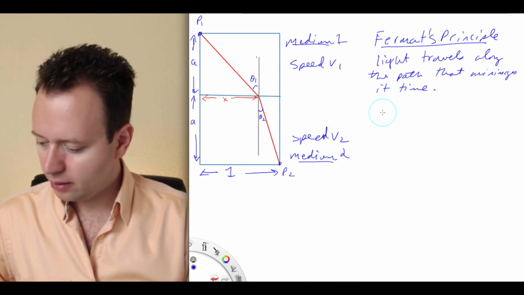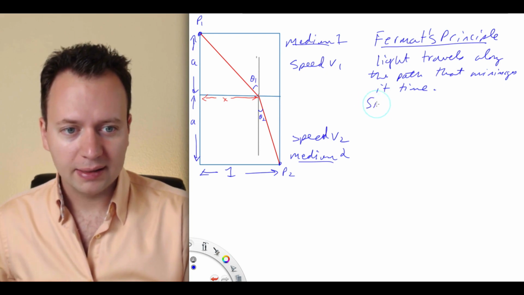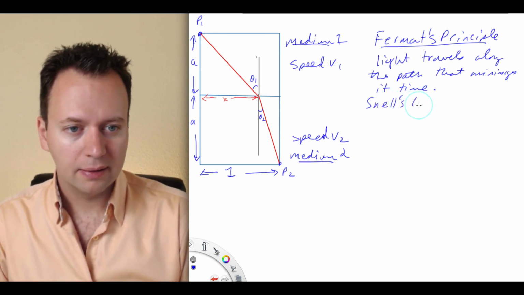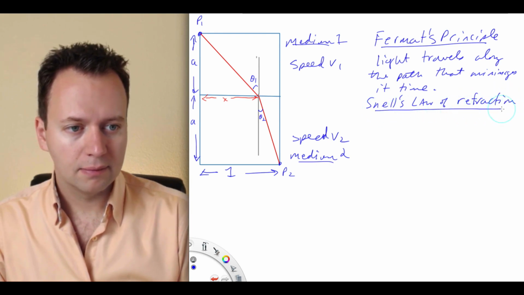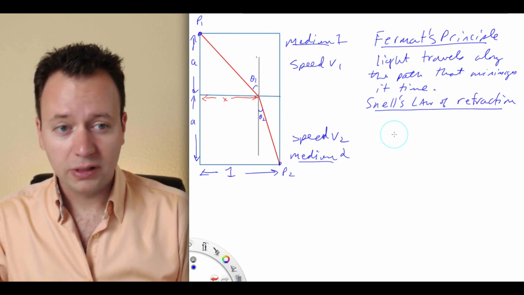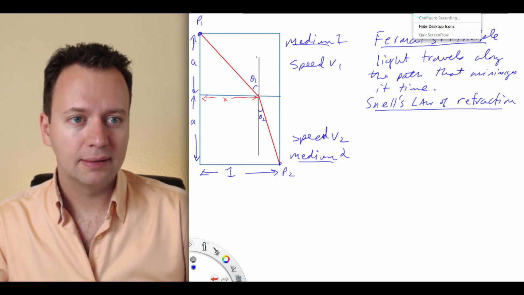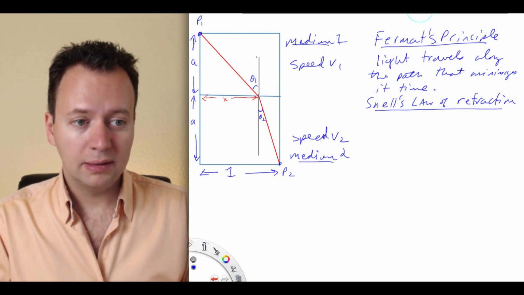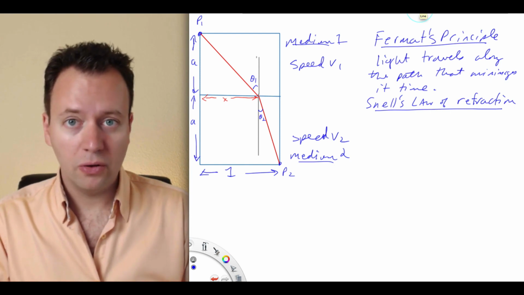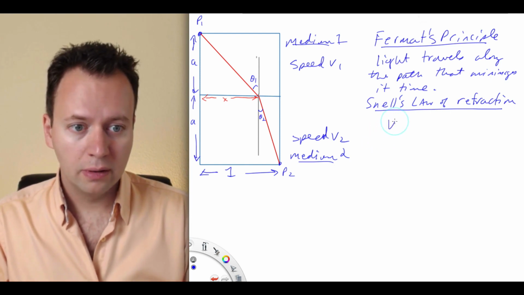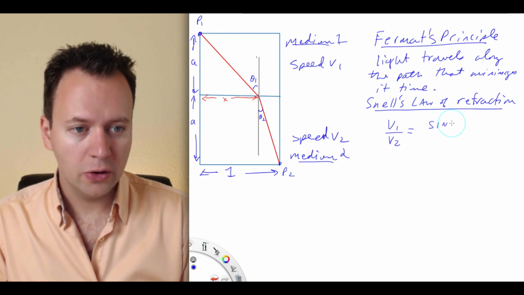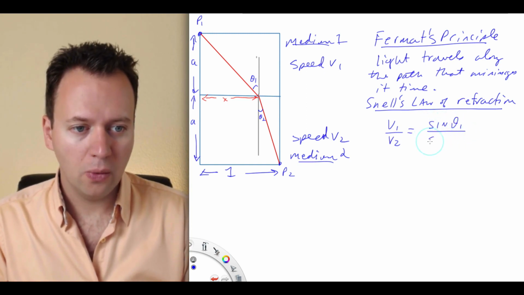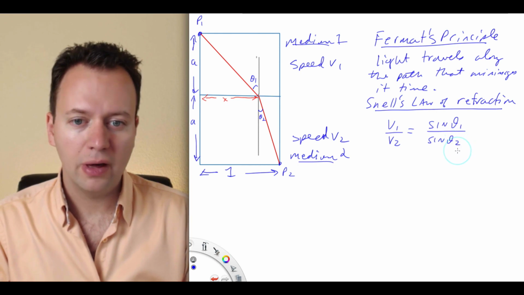Okay, so this is also related to something called Snell's law of refraction. Snell's law states that the ratio V1 over V2 is equal to the ratio sine of the angle theta 1 divided by sine of the angle theta 2.